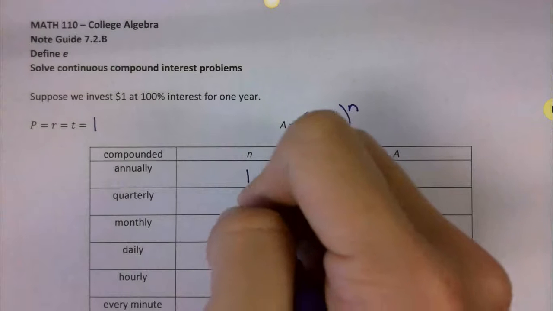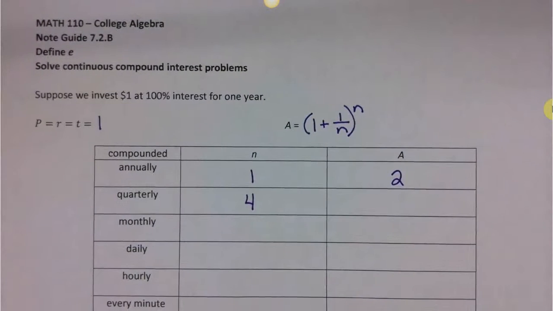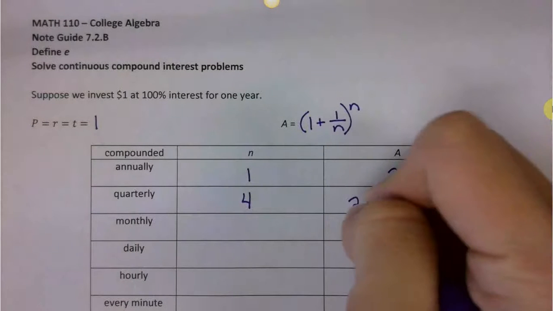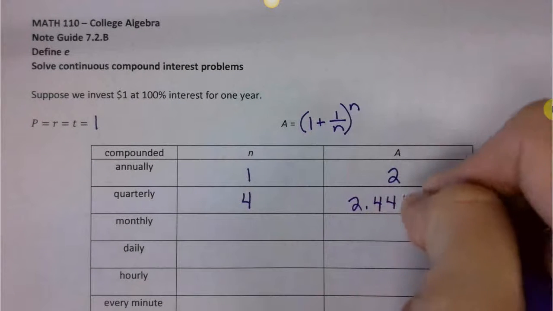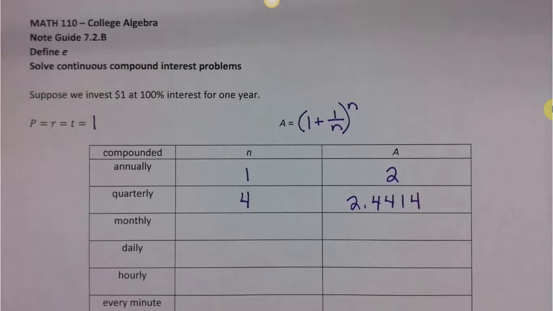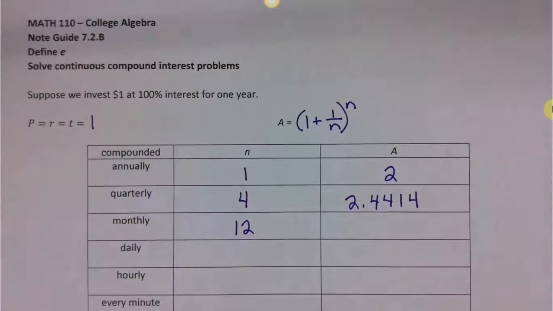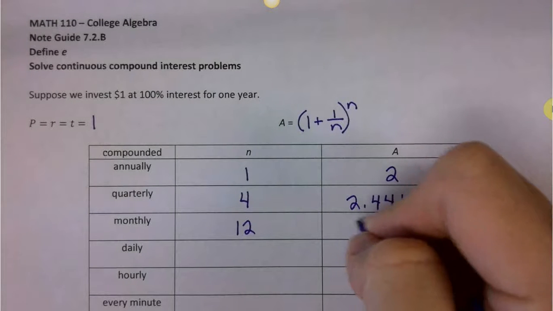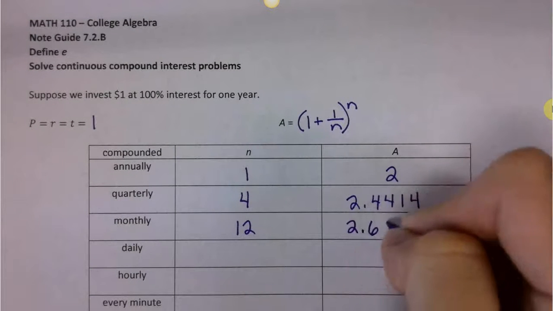Quarterly means that N is equal to 4, and when we plug a 4 in place of the N, we end up with approximately 2.4414 for A. Monthly means N is 12, and when we plug a 12 in this formula in place of N, we get a value for A of approximately 2.6130.